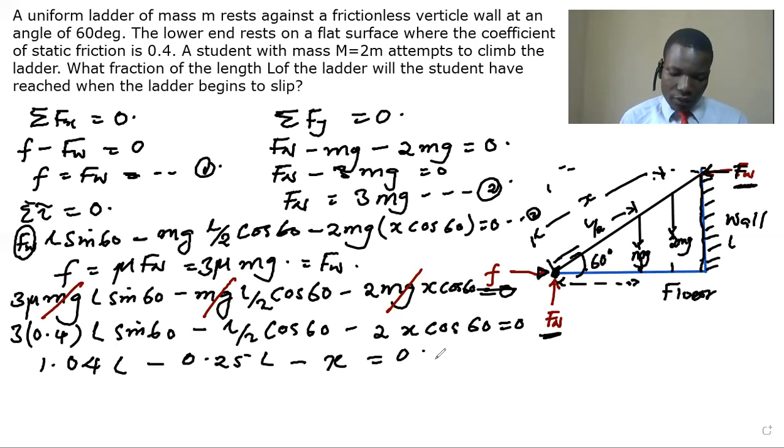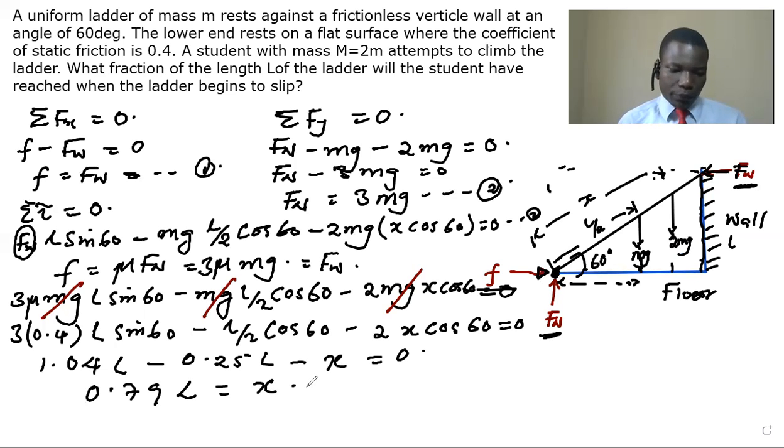Okay, so now you can bring the x to this side, and we have 1.04 minus 0.25 L, which gives us 0.79 L equal to x.